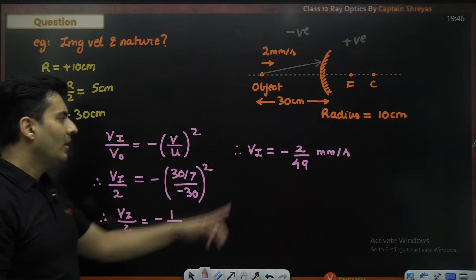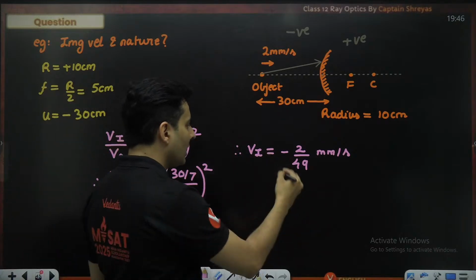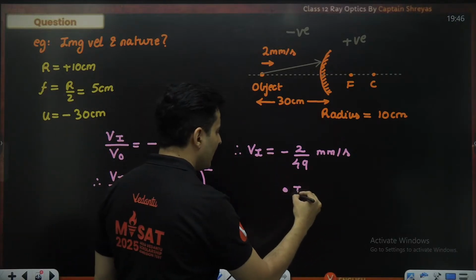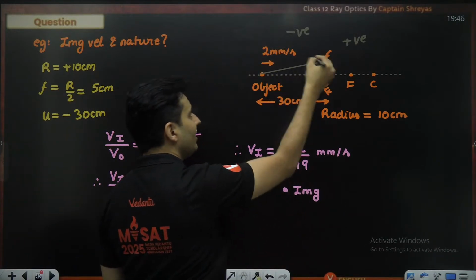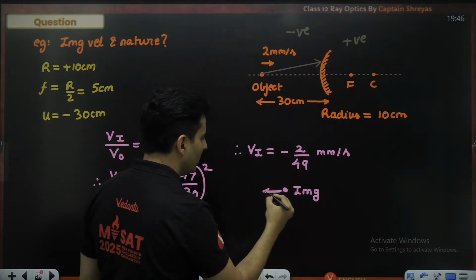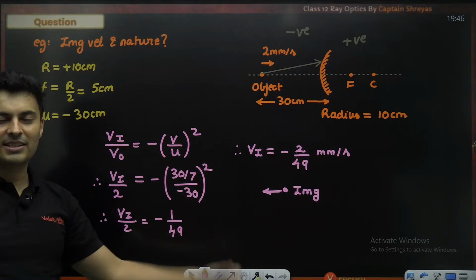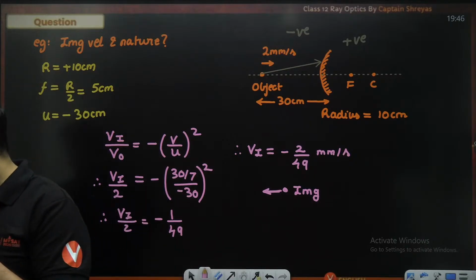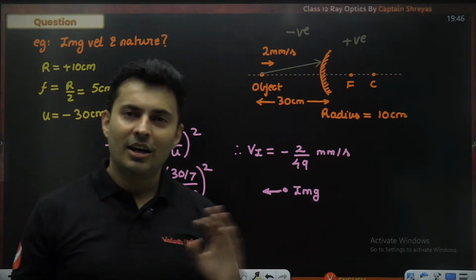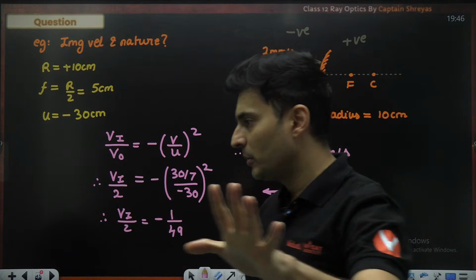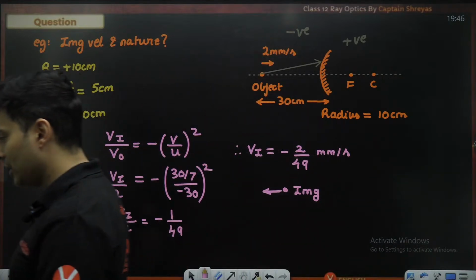So we got it. What does this minus sign tell me? It tells me that my image is not going in the same direction as the object, it is going in the opposite direction. So this is where the velocity is, left side. Understood? Clear? Shall we go ahead to the next one?